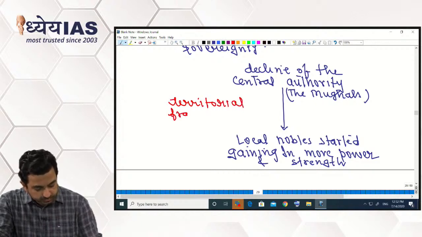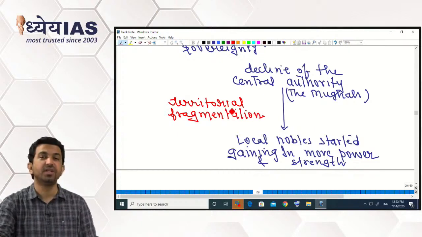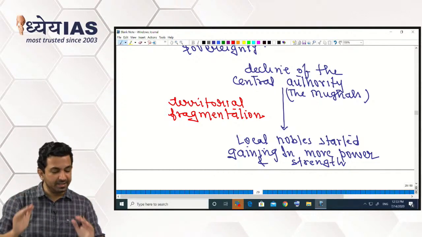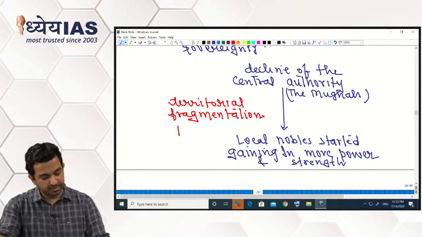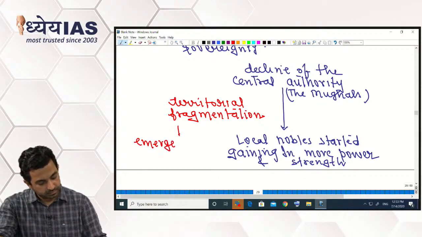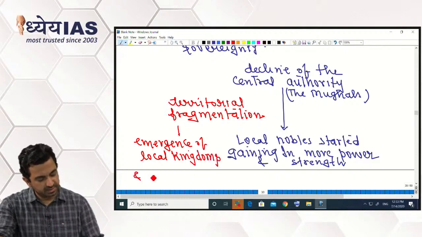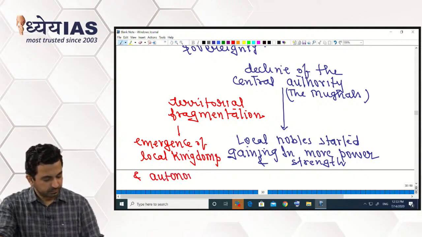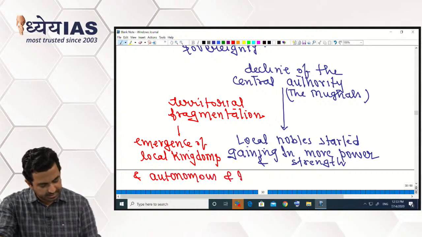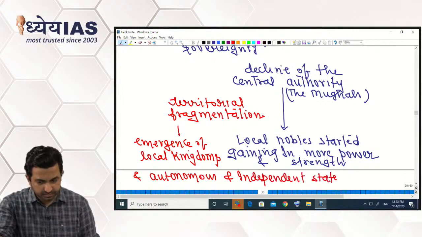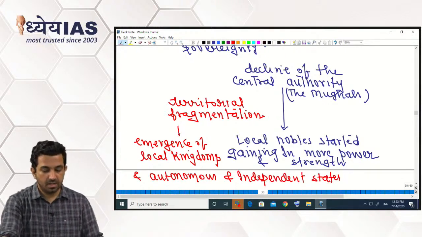territorial fragmentation. Territorial fragmentation means the emergence of local kingdoms and autonomous and independent states.